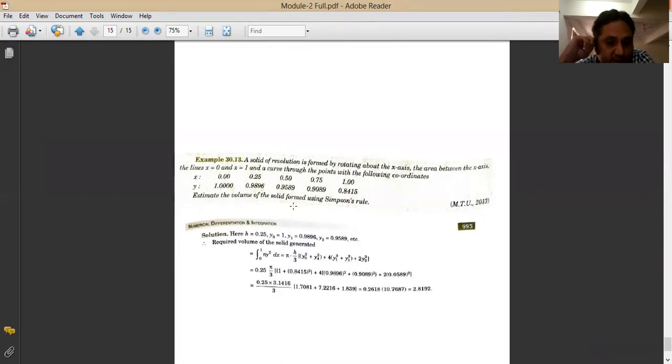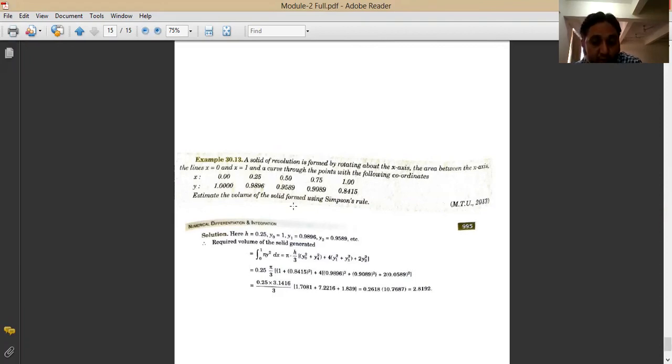How to calculate that? First, a very simple formula we have to know: the volume of the solid generated by the revolution is the integration of pi y square dx. Now pi y square is your function. At all these points, y square will be y0 square, y1 square, y2 square, y3 square, y4 square, y5 square, right?